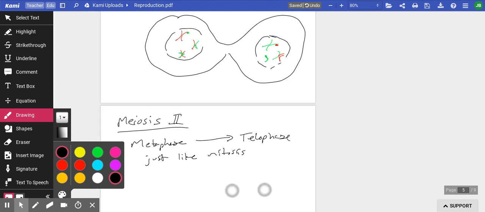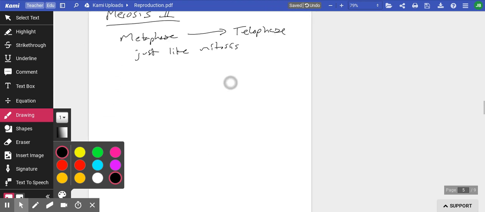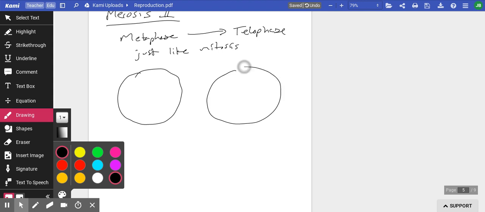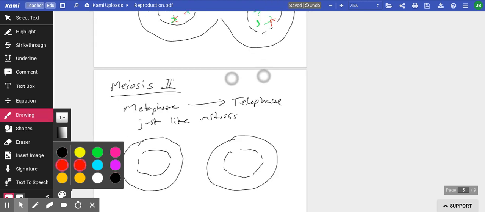But it's going to result in a critical difference at the end. So let's take a look at how this happens. We are going to start out with the result of telophase. Draw our nucleus again, and we will draw our telophase cells again.